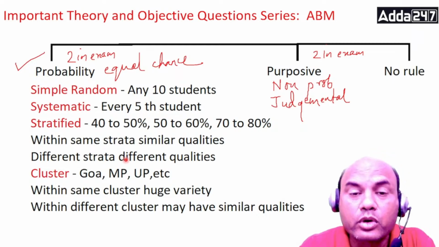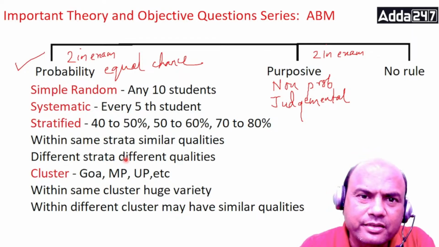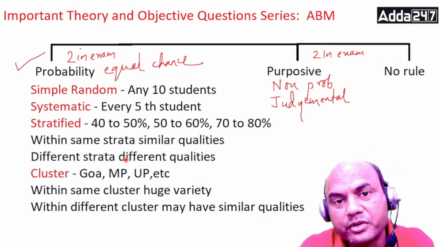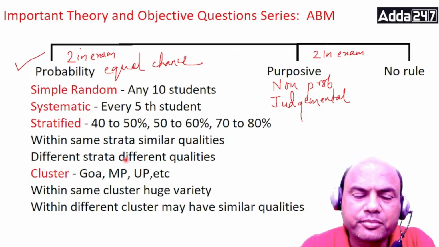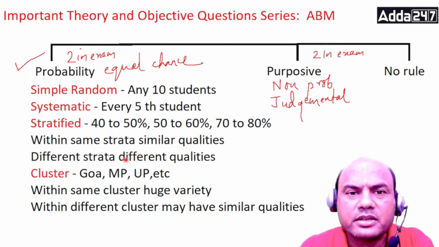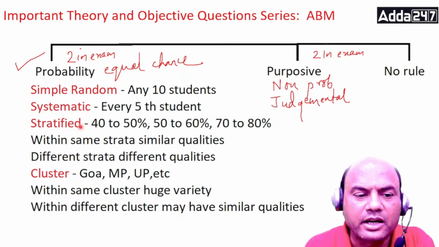Probability sampling is of mainly 4 types for your studies. The number of types is higher, but for your CAIIB studies, you have only 4: simple random, systematic, stratified, and cluster.